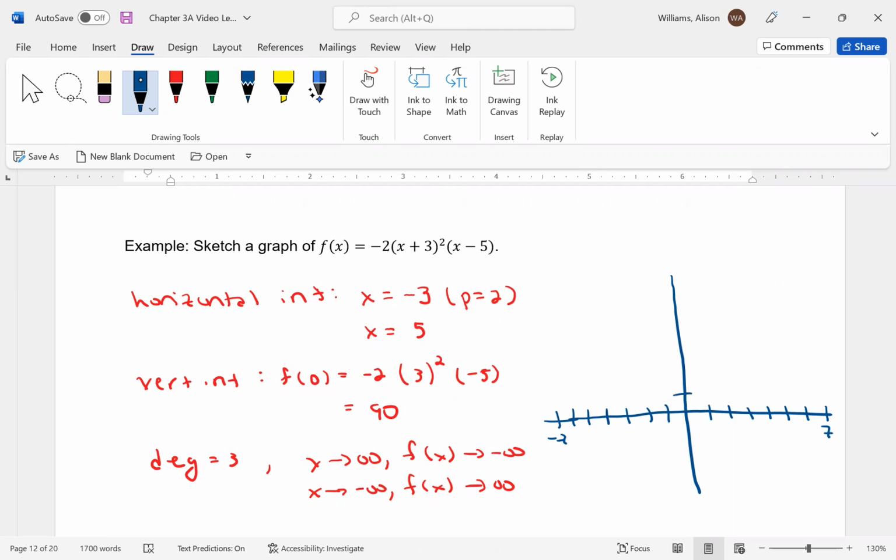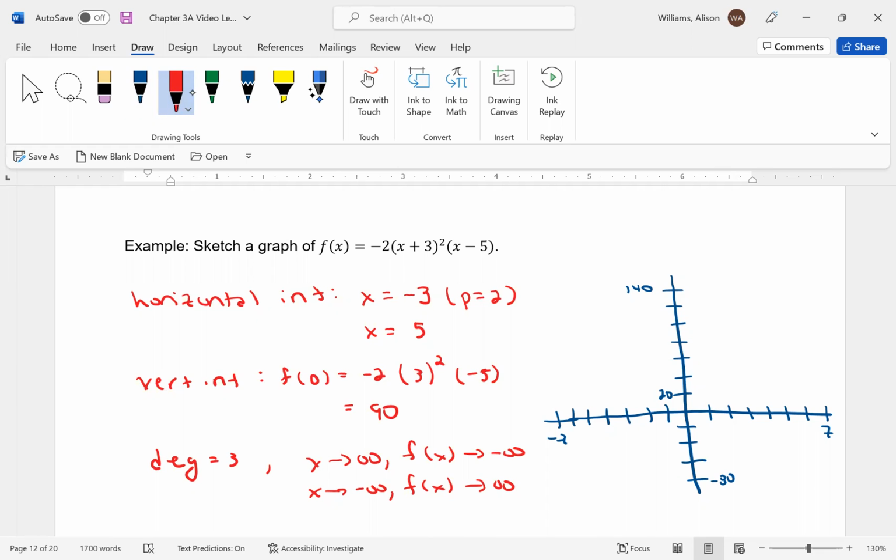So 20, 40, 60, 80, 100, 120, 140. So I'm going by 20s. So that's -80. All right, there we go. I've given myself some labels. And I'm going to go ahead and graph this thing.